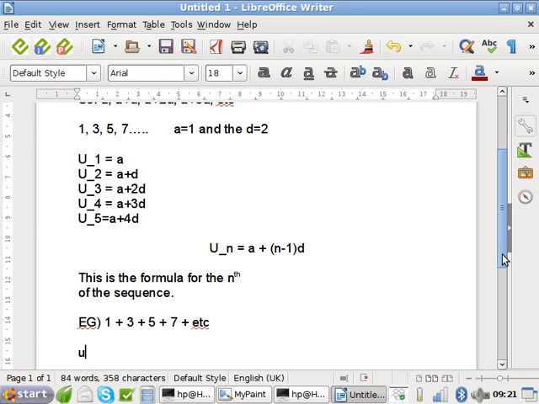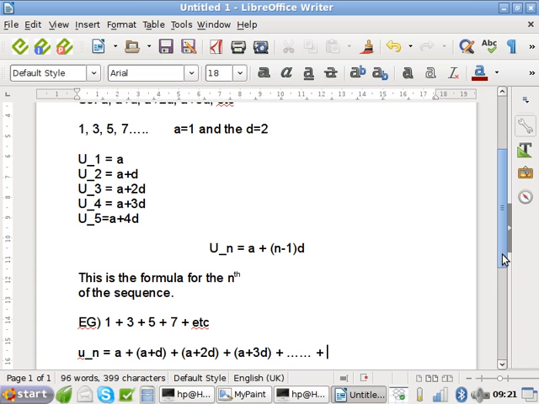So the sum is A plus the second term, which is A plus D, plus the third term, which is A plus 2D, plus the next term, which is A plus 3D. And this continues all the way until the last term you want to add. So what's the nth term?